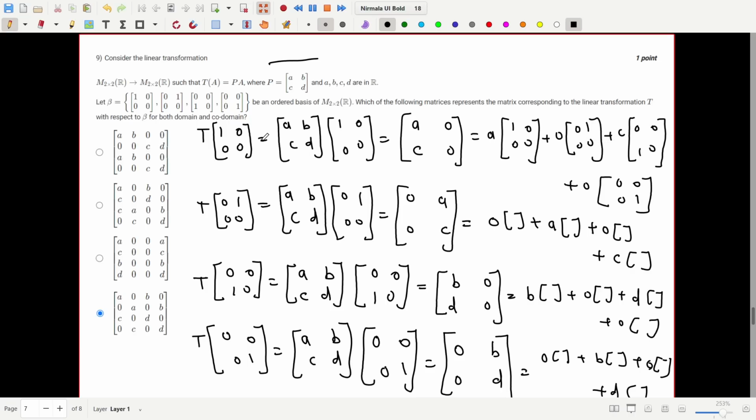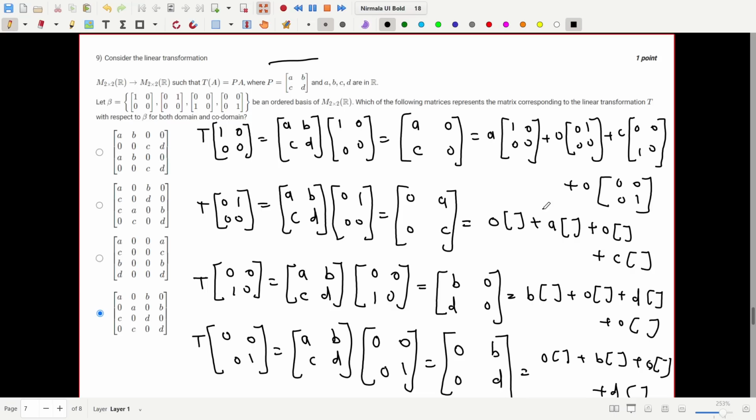Like this you have to do for all 4 bases. You multiply with the P matrix, it will become 0A 0C, and write it in the ordered basis form. Here I have written down the blank matrices.